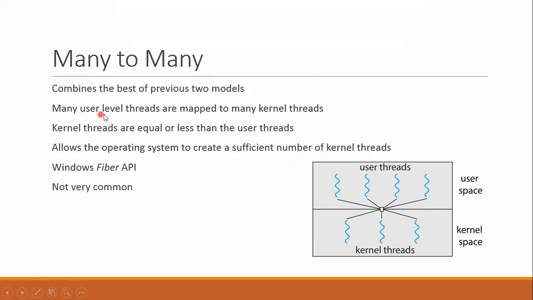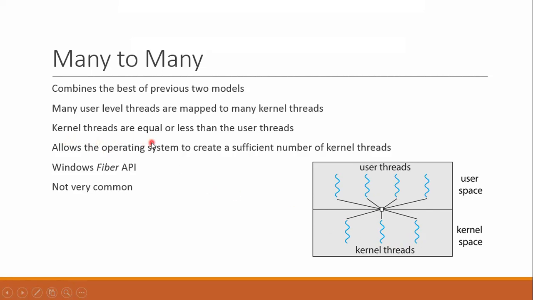So in this model, many user level threads are mapped to many kernel threads. As you can see in this figure, multiple user threads are running in the user space. And so is the case with kernel threads, that there are many kernel threads in the kernel address space.